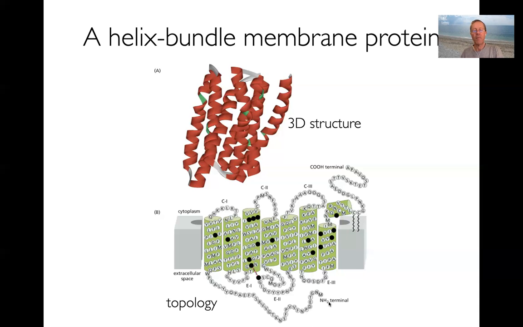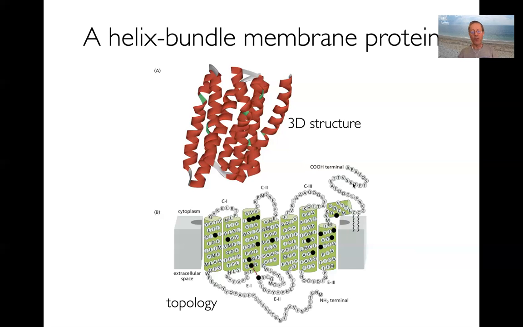Clearly, if you know the transmembrane helices, there are two possible opposite orientations in the membrane, right? And you would like to be able to just take a sequence, predict where the transmembrane helices are using some bioinformatics method, and also predict the overall orientation of the protein in the membrane, so you know which parts are outside and which parts are inside.